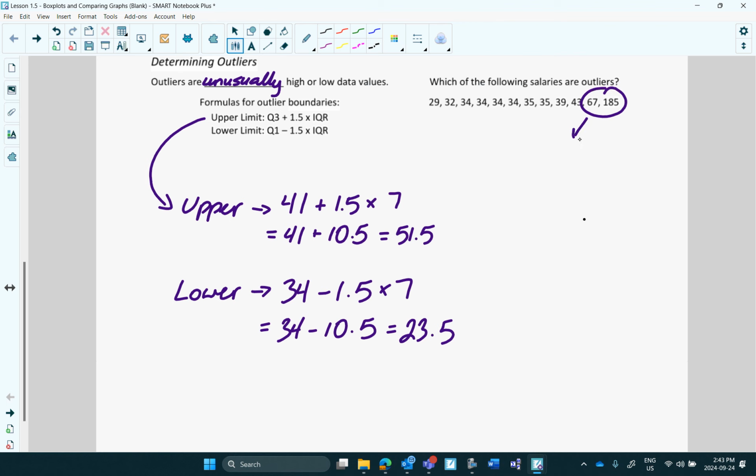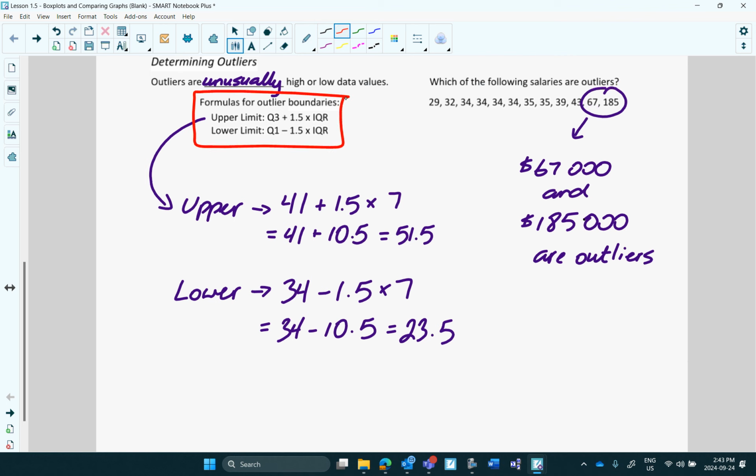So therefore, 67,000 and 185,000 are outliers. That's showing it mathematically. So you've got to remember this when you're calculating outliers.